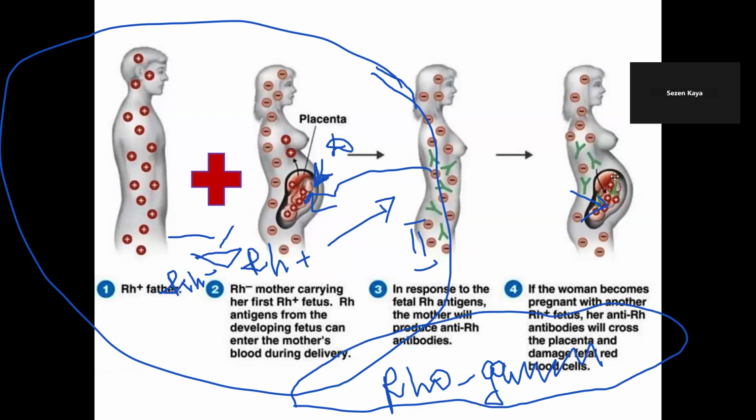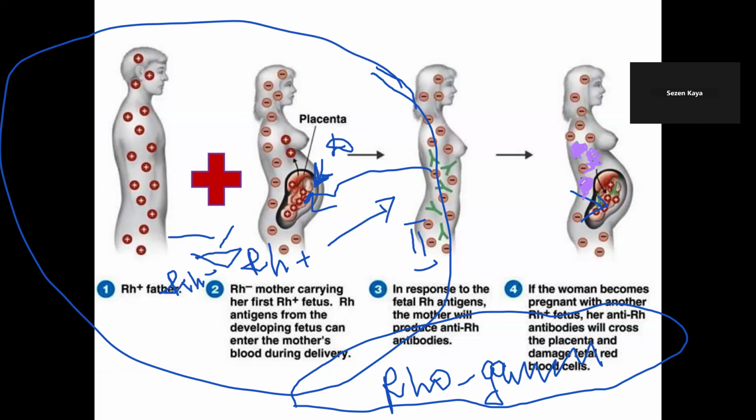Because of Rogam, the immunoglobulins which were created in the mother's body will be destroyed, and the mother's body will forget about these immunoglobulins, and the next pregnancy will be the same way as the first time.